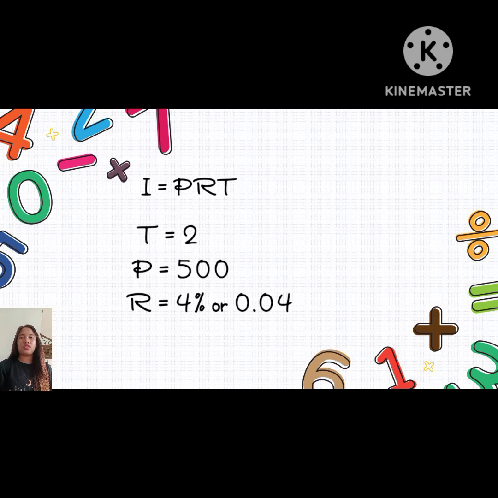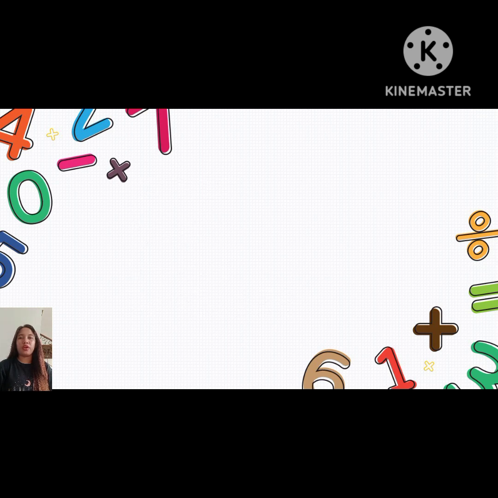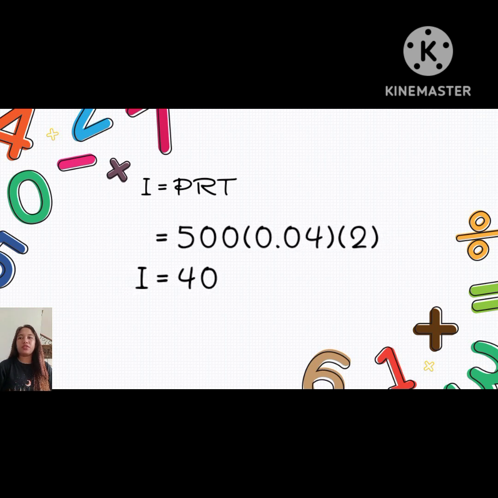We can write this as a decimal, which is 0.04. That's why our rate is 0.04. Substitute to our formula, I = PRT. 500 pesos times 0.04 times 2 will give us 40. The interest earned is 40 pesos.